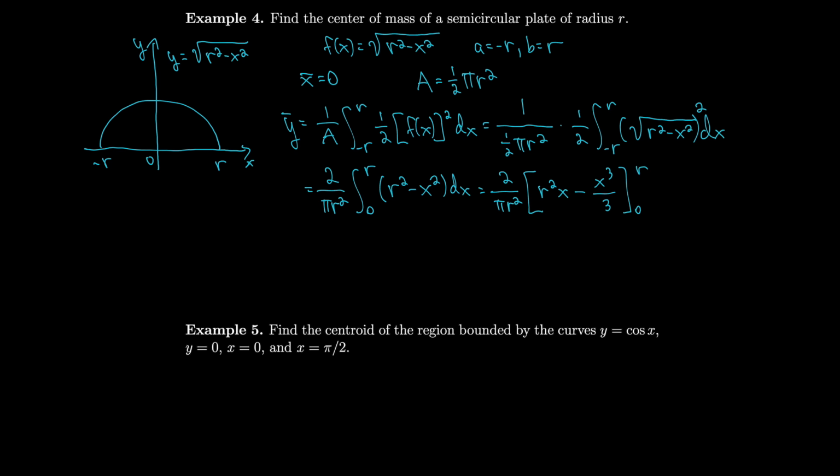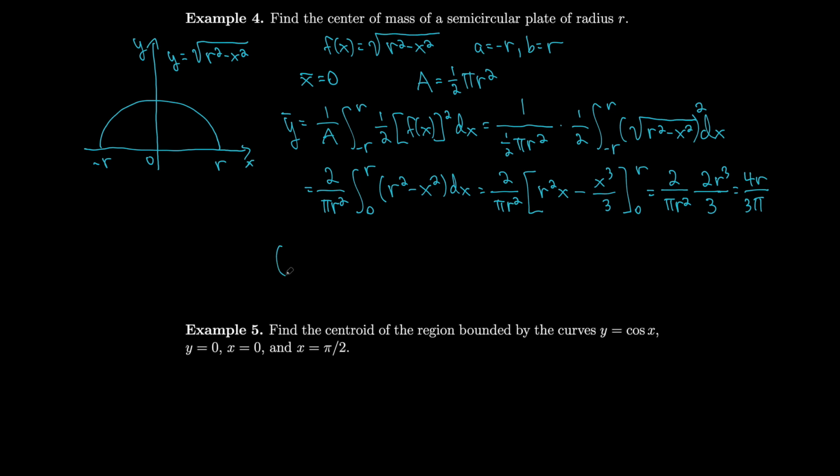So that's just 2 over pi r squared times 2 r cubed over 3, which is just 4r over 3 pi.